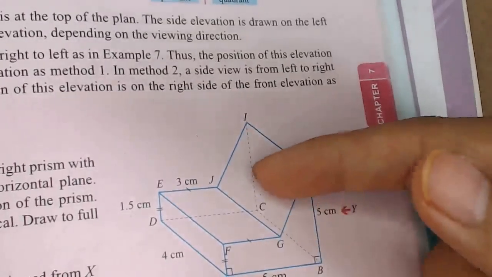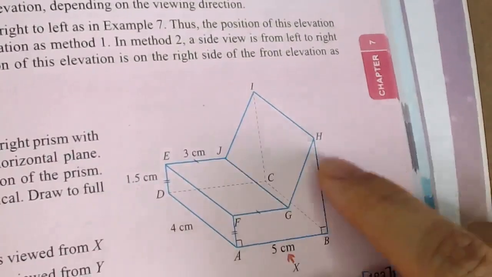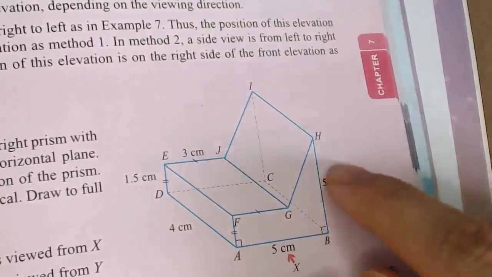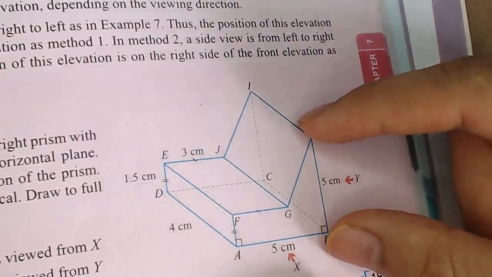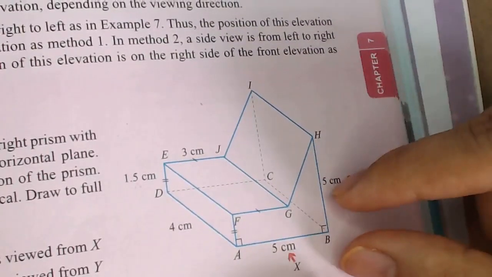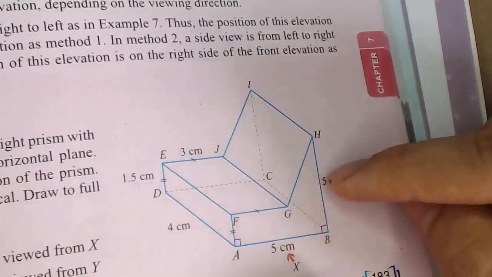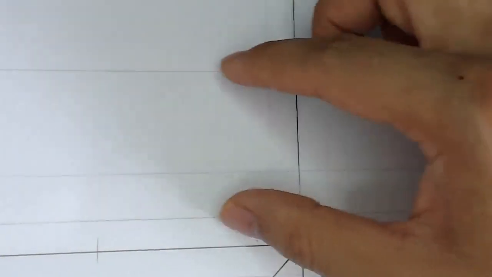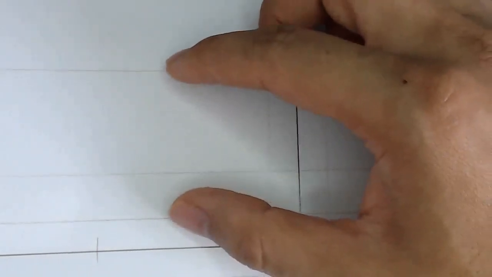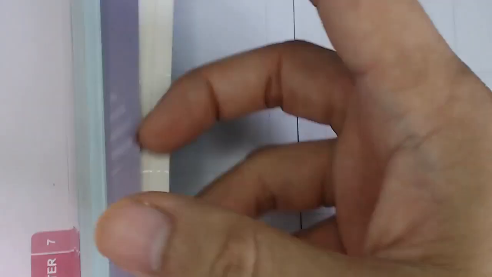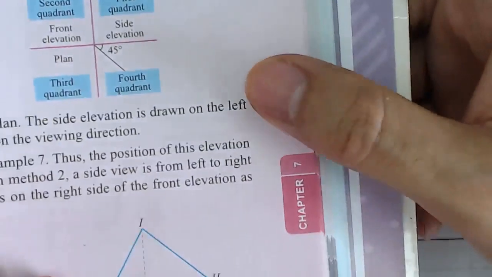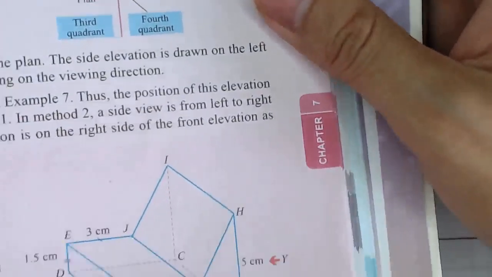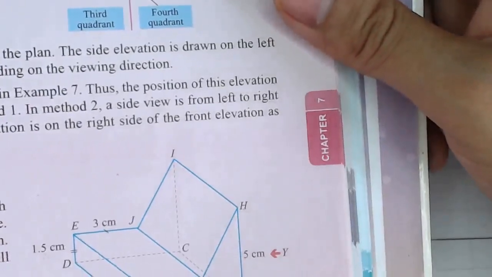Y side here, we're going to need the height here, which we can have from the x side, because we already measured 5 centimeter. Now here is 5 centimeter. We bring it to this quadrant. 5 centimeter is preserved, so we do not have to measure anymore. And also we have 4 centimeter.